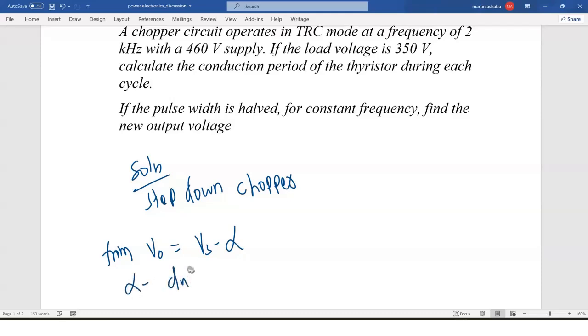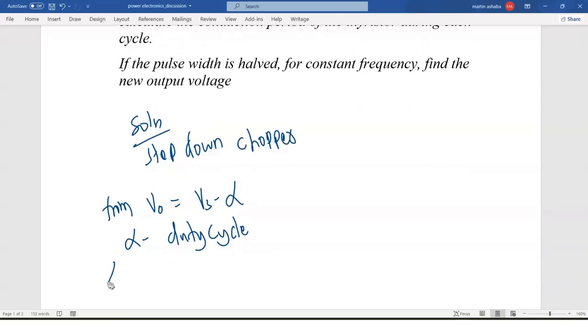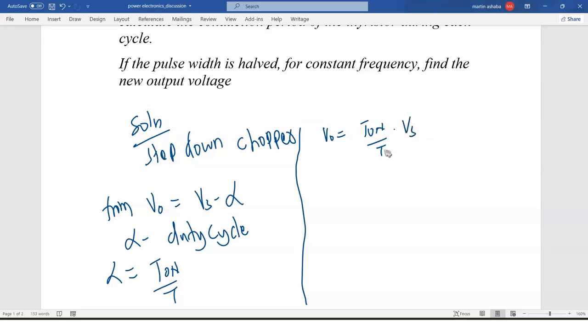We already know that this duty cycle is also equal to the on time of the DC chopper, T on, divided by the total time of the cycle, which is the period T. So V naught equals T on divided by T times Vs. But 1 over T is the frequency of the cycle.